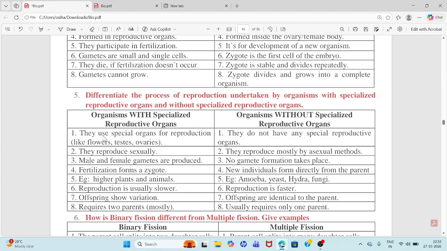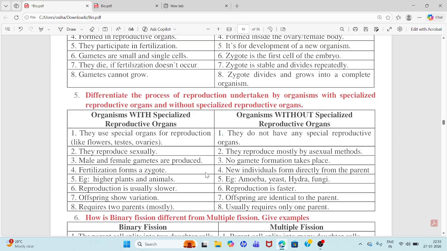Organisms with specialized reproductive organs, and organisms without specialized reproductive organs. What are the differences? Let's see. They use special organs for reproduction. Here they do not have special reproductive organs. They reproduce sexually. Here they reproduce mostly by asexual methods. Male and female gametes are produced. Here no gamete formation takes place.